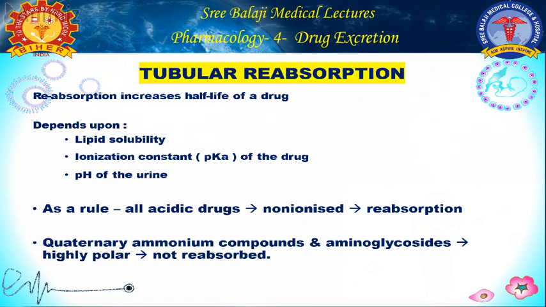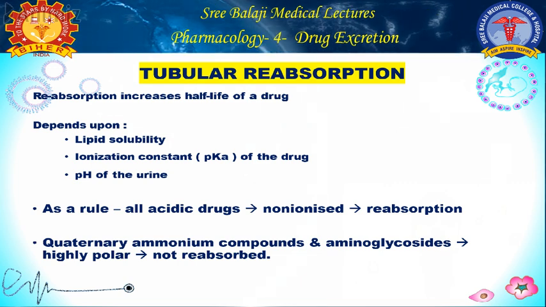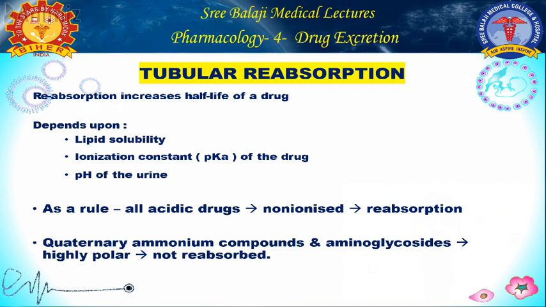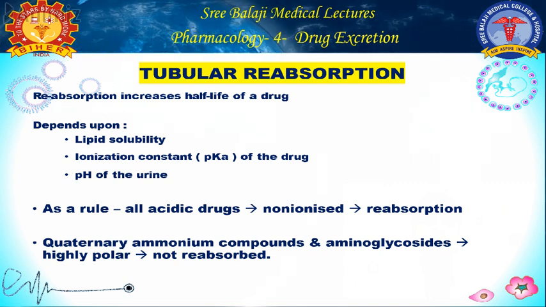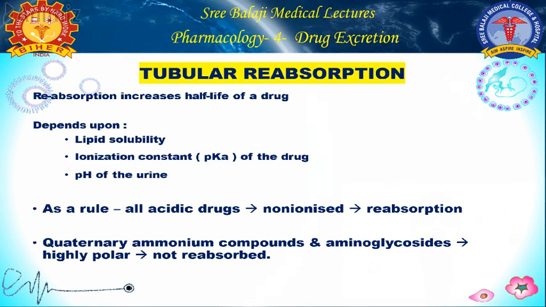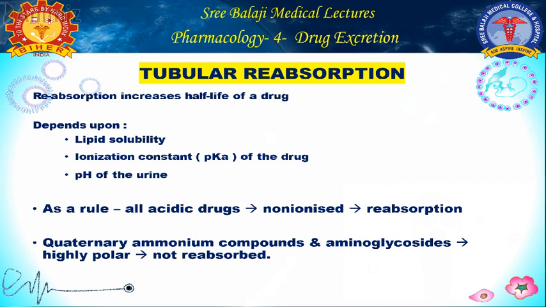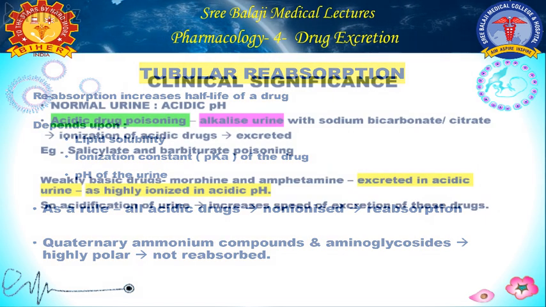It also depends on the pH of the urine. As a rule, all lipid-soluble drugs will be in the non-ionized state and get reabsorbed, whereas quaternary ammonium compounds and aminoglycosides are highly polar and are not reabsorbed.